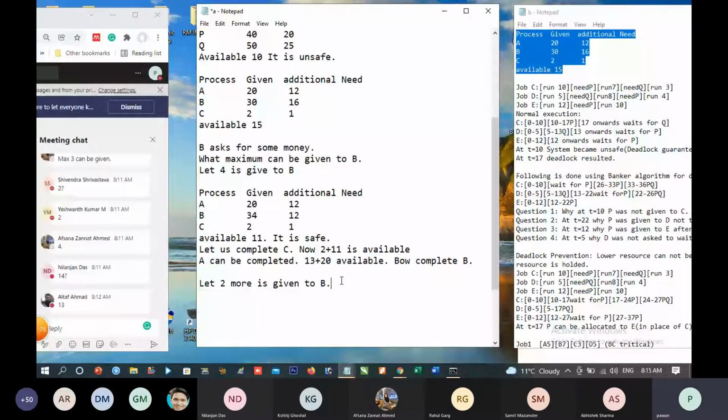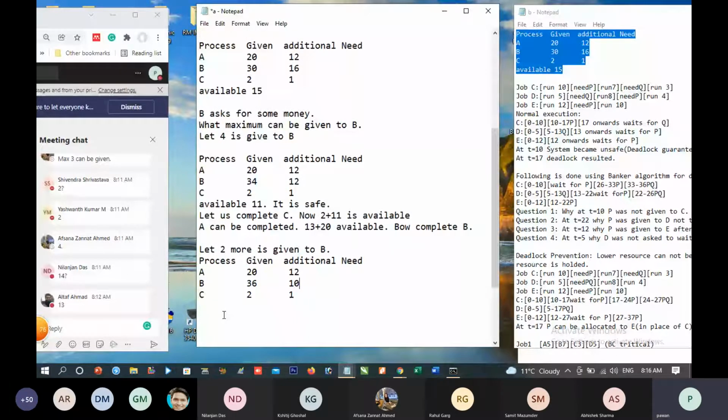B will be given 36 and its need will be 10. And available will be 9. Is it correct?